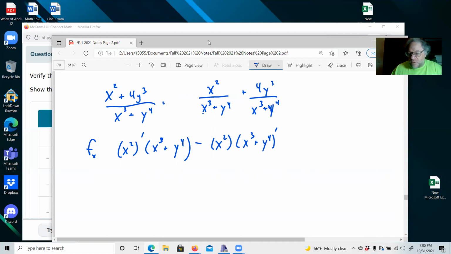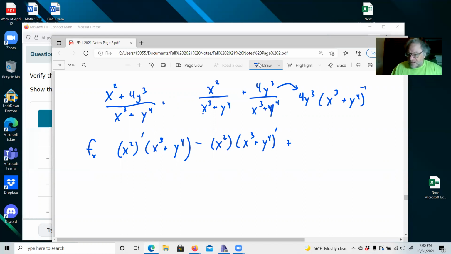This is just chain rule, and I haven't taken a derivative yet. I just set it up. And then we have plus, and in this case, this is 4y cubed, and then we have x cubed plus y to the 4th, to the negative 1. That's what this piece is.